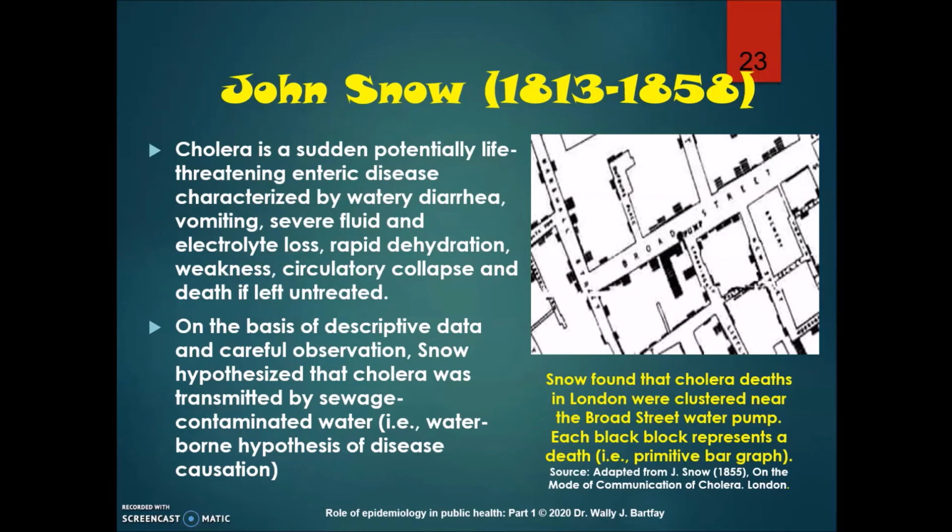This is on Broad Street in the Soho district of London, and it shows a water pump there on Broad Street. Snow found that cholera deaths in London were clustered near this particular Broad Street water pump. Each of those little black blocks represents a death that occurred in a household there. So it was really a sort of primitive bar graph.